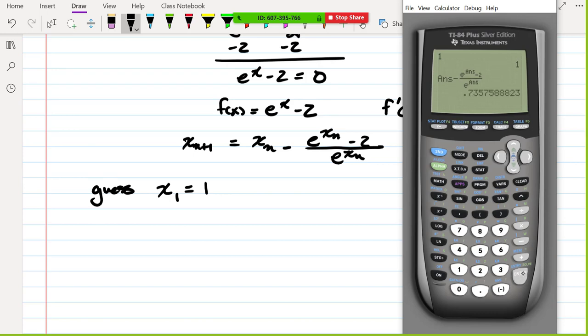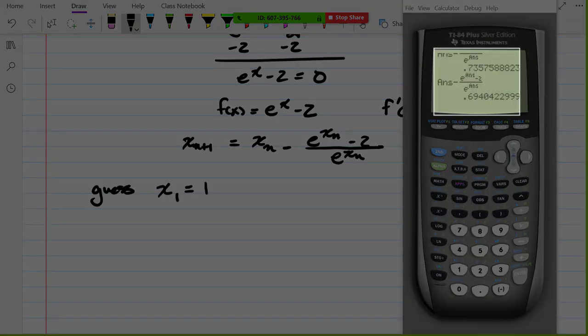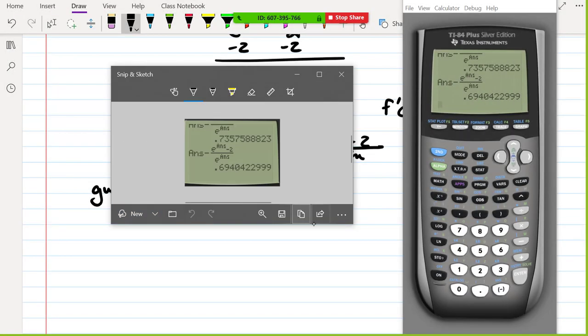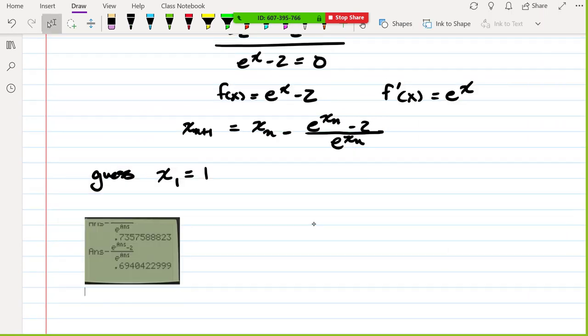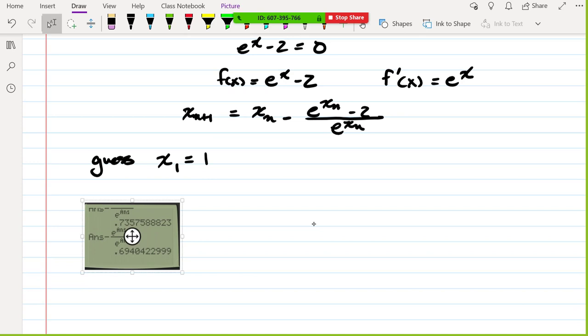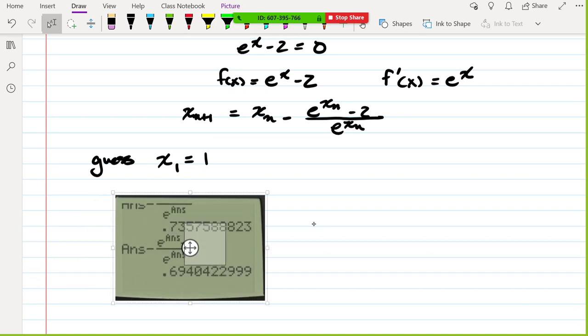So that's my x sub 2. There's x sub 3. And let's press enter 2 more times.